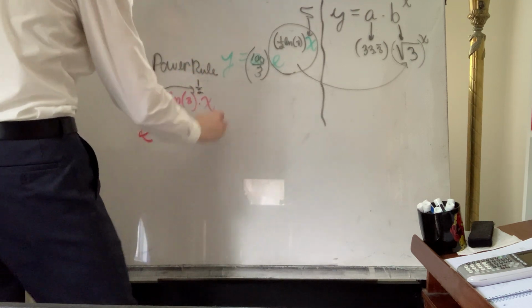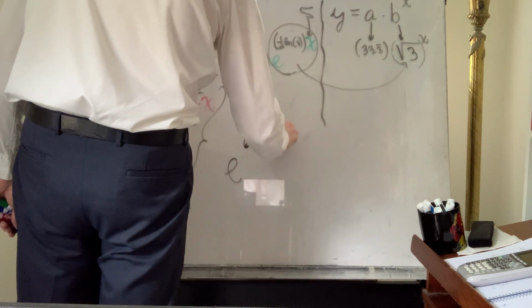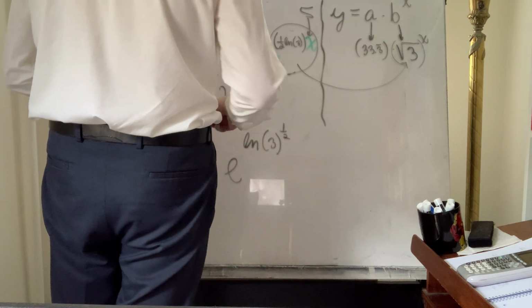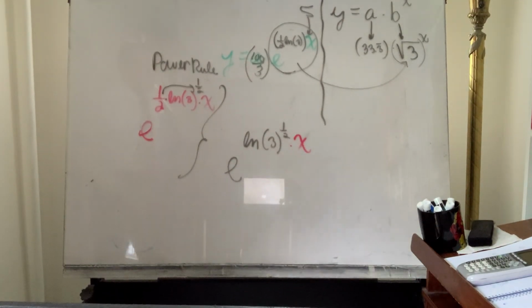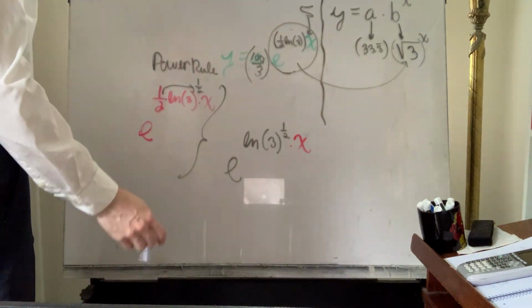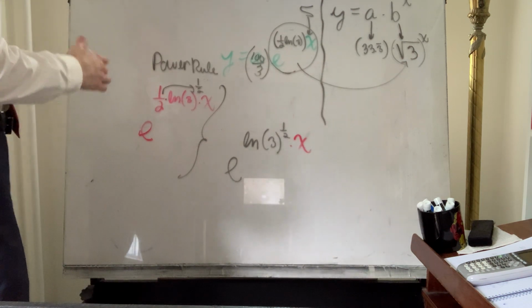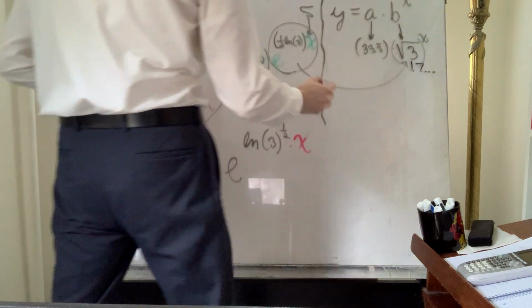So this would be e to the natural log of 3 raised to the 1/2, right? And meanwhile, there's still this x here. That's the square root of 3, 1.7 whatever it is.